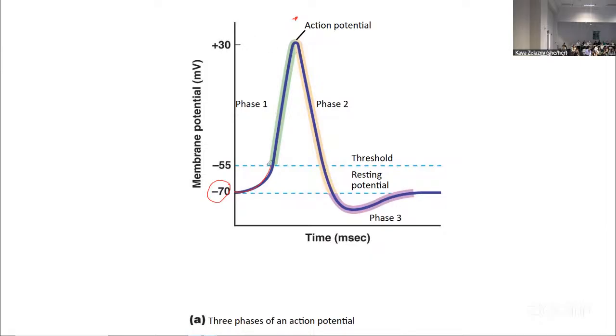When we get to this threshold, we let it, which is why we see this spike up to +30 before we see another change in the membrane of a neuron that pulls our membrane potential back down, kind of overshoots threshold a little bit before we stabilize back to rest. So we'll talk about all of that in detail and what's happening in these different phases, but that's where we're going and why we're trying to understand what our initial baseline state is for our neuron.